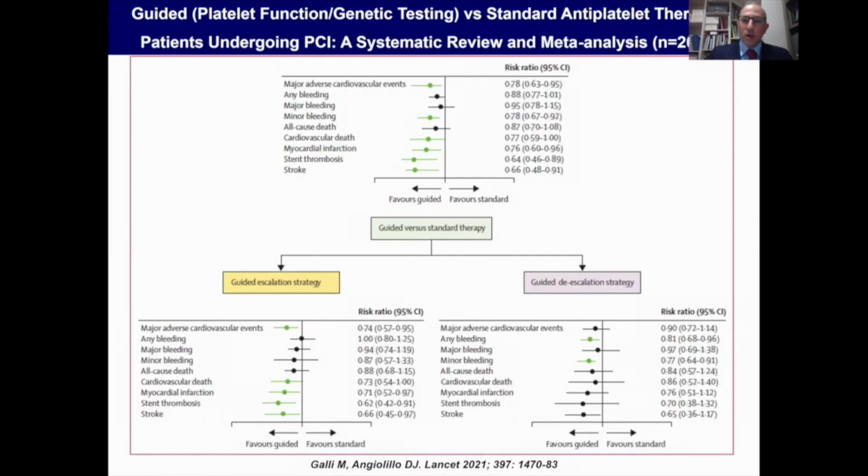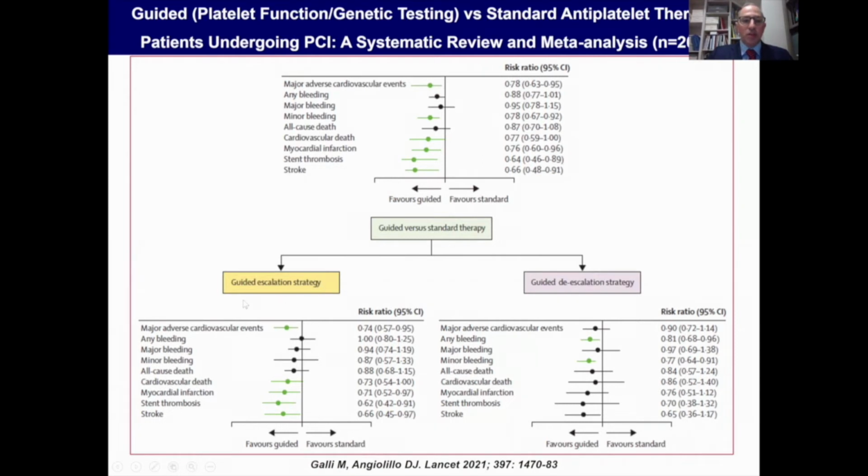And what we do know is that this strategy works, and more specifically, when we're speaking about a guided escalation or guided de-escalation approach. And when we speak about guiding, this is by the use of either platelet function or genetic testing.